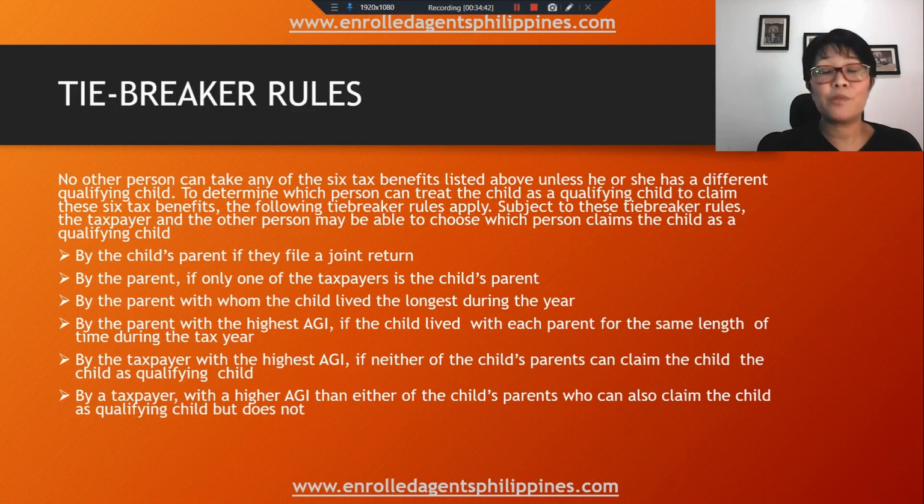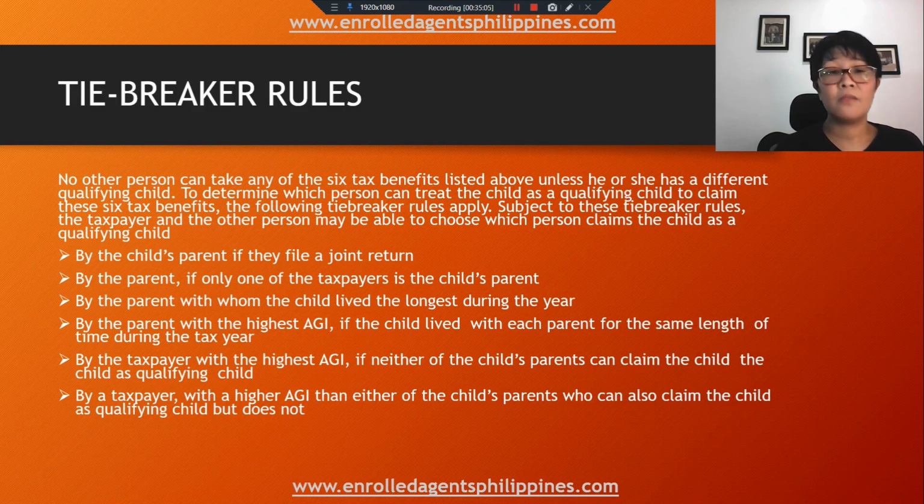To determine which person can treat the child as a qualifying child to claim these 6 tax benefits, the following tiebreaker rules apply. Subject to these tiebreaker rules, the taxpayer and any other person may be able to choose which person claims the child as a qualifying child. Okay.